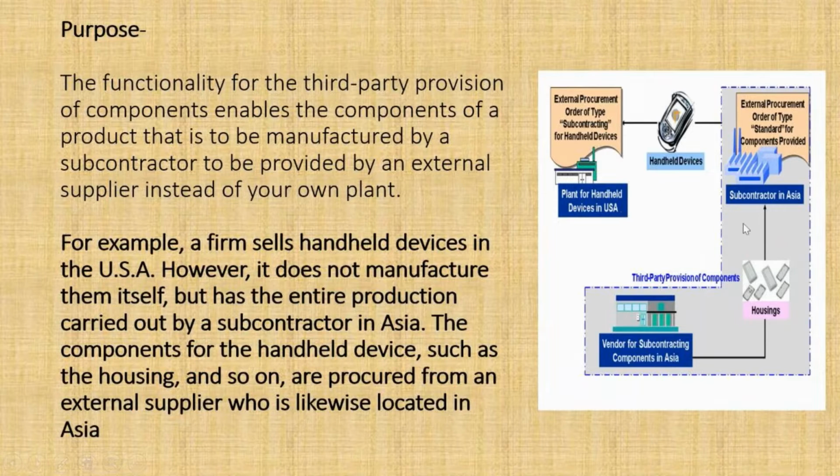Okay, so there is a subcontractor in Asia which does that for the US plant. And rather than sending the components from the US to Asia, what we have tried doing is we have found a vendor in Asia itself who will give the housings to the subcontractor, and the finished product will be transferred to the US plant. Okay, so that is the example we have taken.